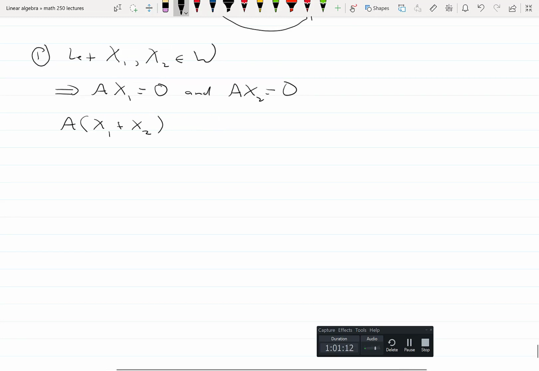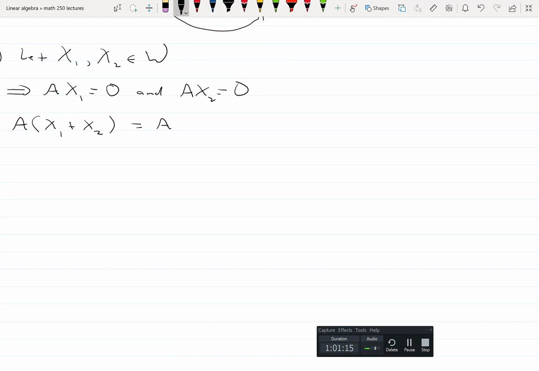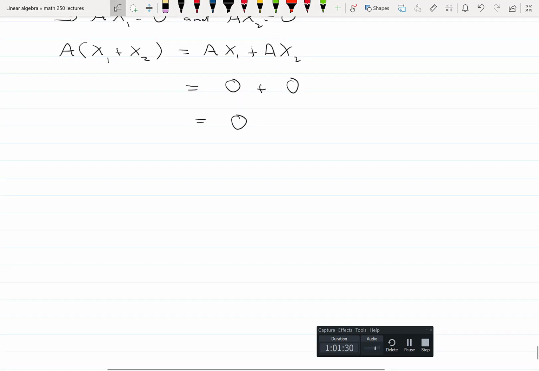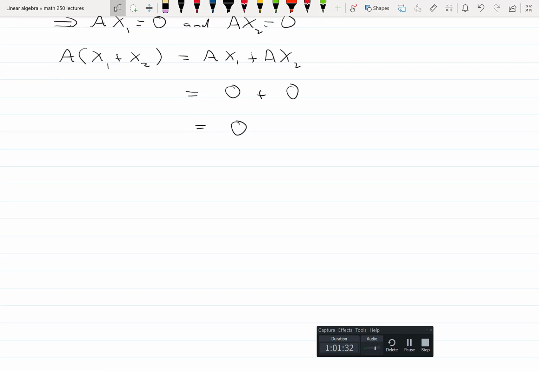So A times x1 plus x2 is A times x1 plus A times x2, but A times x1 is the zero vector in Rm, plus A times x2 is the zero vector in Rm. The zero vector plus zero vector is the zero vector. I've shown that A times the quantity x1 plus x2 is 0.